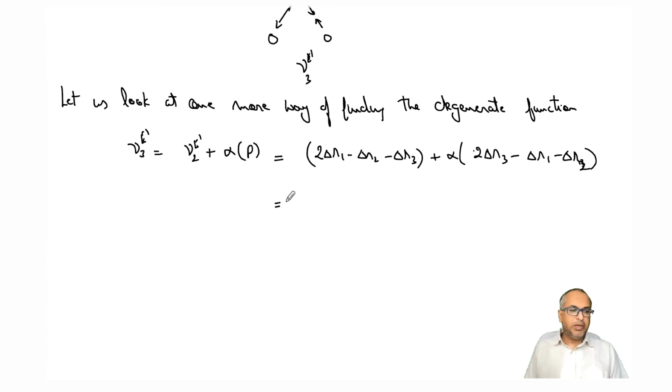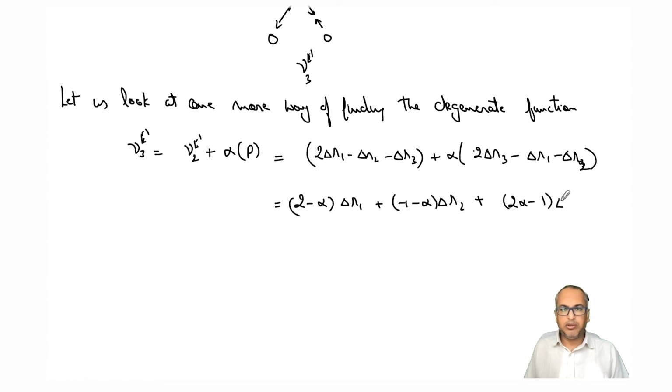Now let us separate the variables. So (2 minus alpha) delta R1 plus (minus 1 minus alpha) delta R2 plus (2 alpha minus 1) delta R3, right?